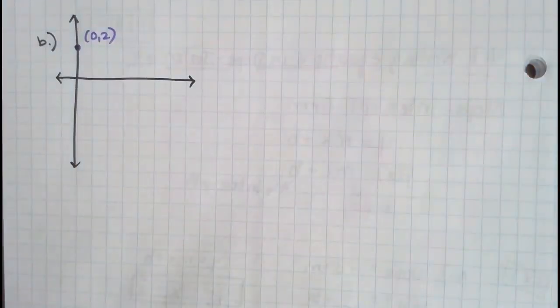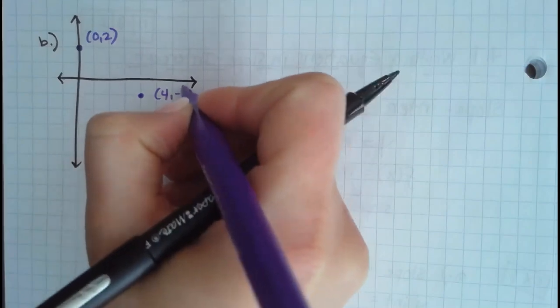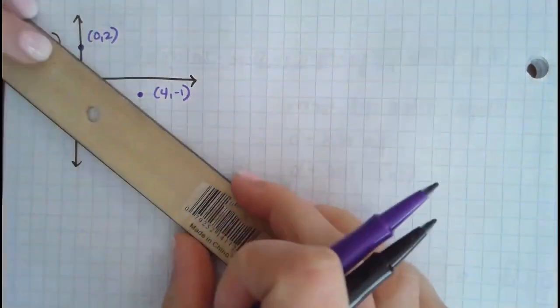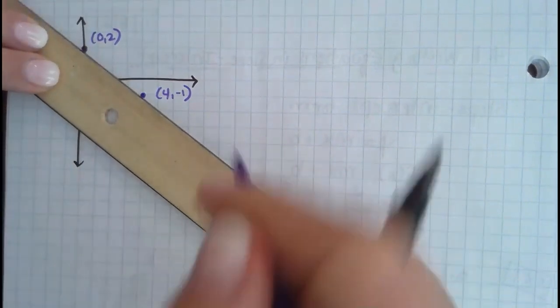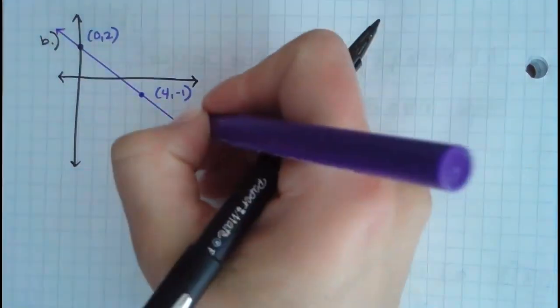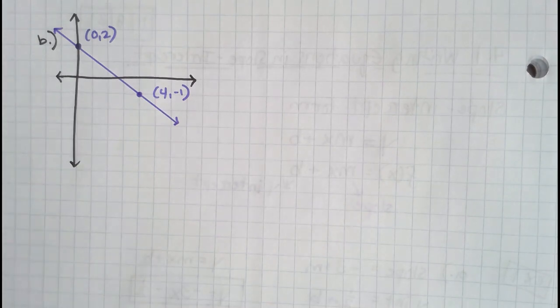And 1 point at 4, negative 1. The directions are the same. Write the equation of this line.